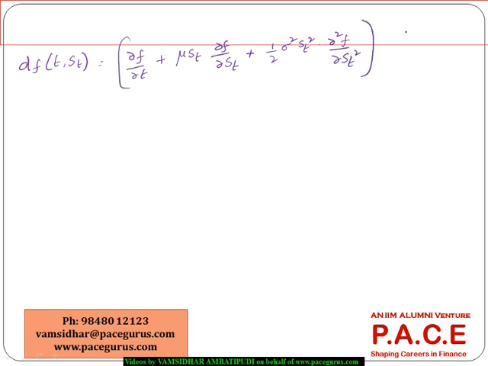This entire thing times dt plus sigma st ∂f/∂st times dzt.